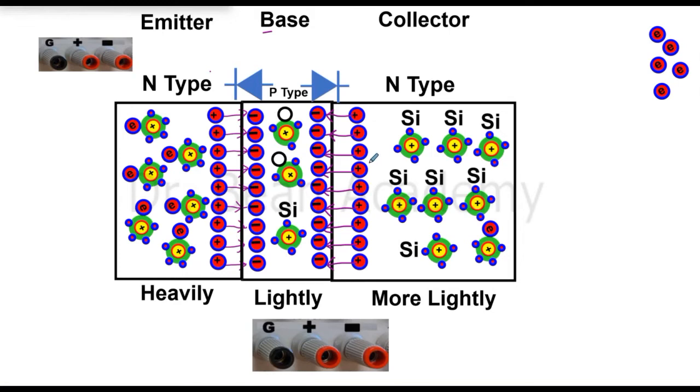Let's do another experiment. This time I will connect this base with the positive terminal of this power supply here, and I set this voltage at +5 volts. The emitter is once again connected with the ground.